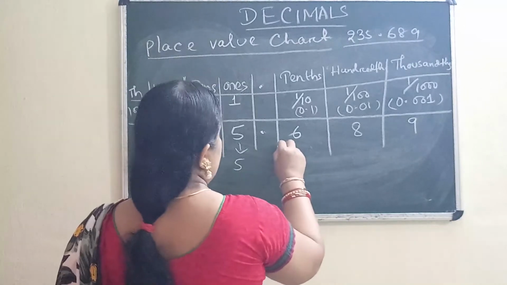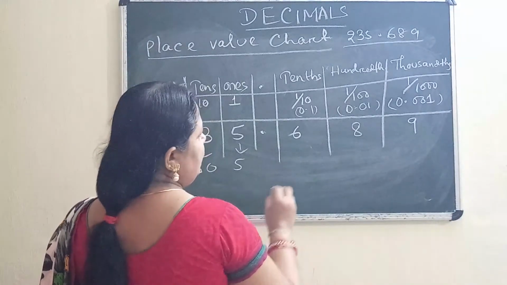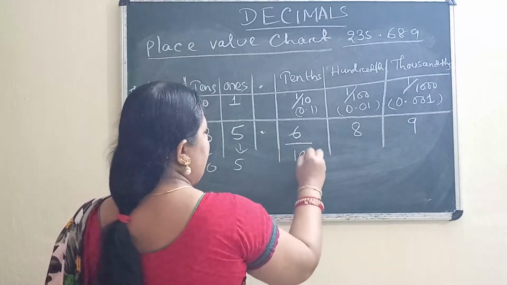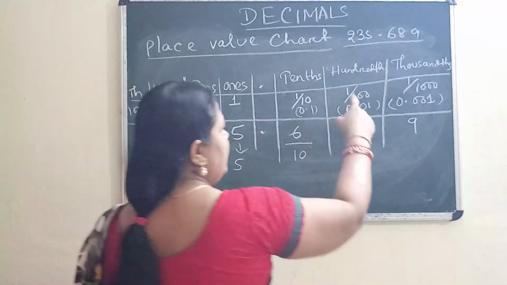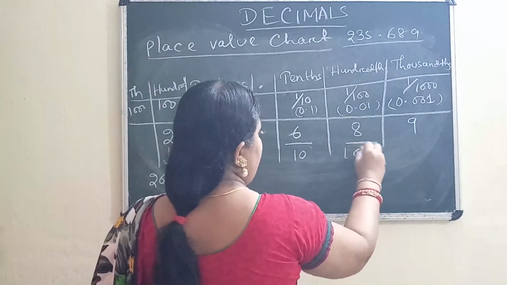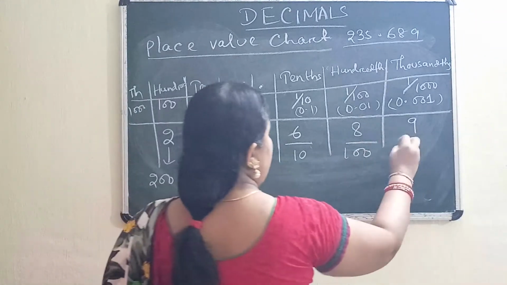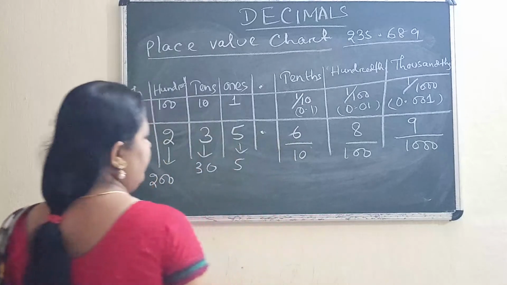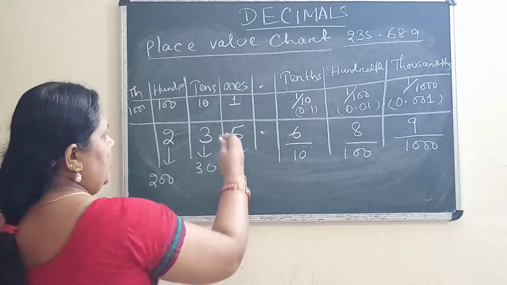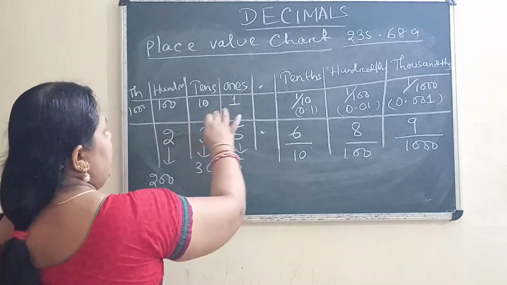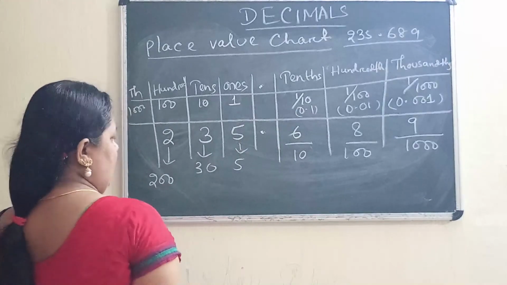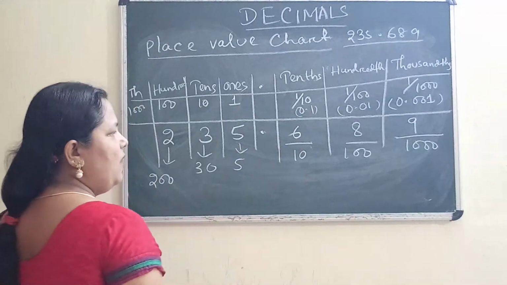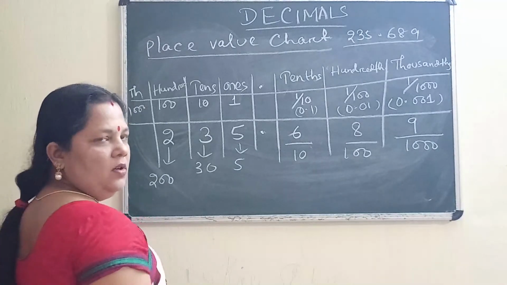And this side, what is the value of 6? 6 tenths means 6 by 10. 8 hundredths means 8 by 100. 9 thousandths, 9 by 1000. Clear? So in this way you will represent it in the place value chart, and after that you can arrange it in expanded form or in short form or ordinary form.